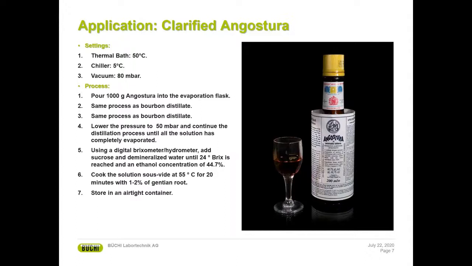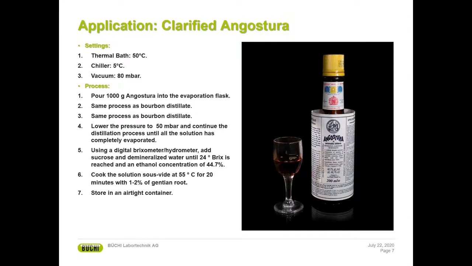Sweetness and bitterness, two fundamental gustatory properties of a bitter, are lost during the evaporation process. So once the distillation is over, we reintroduce sugar and gentian, which is the most important bittering compound of the Angostura bitter.